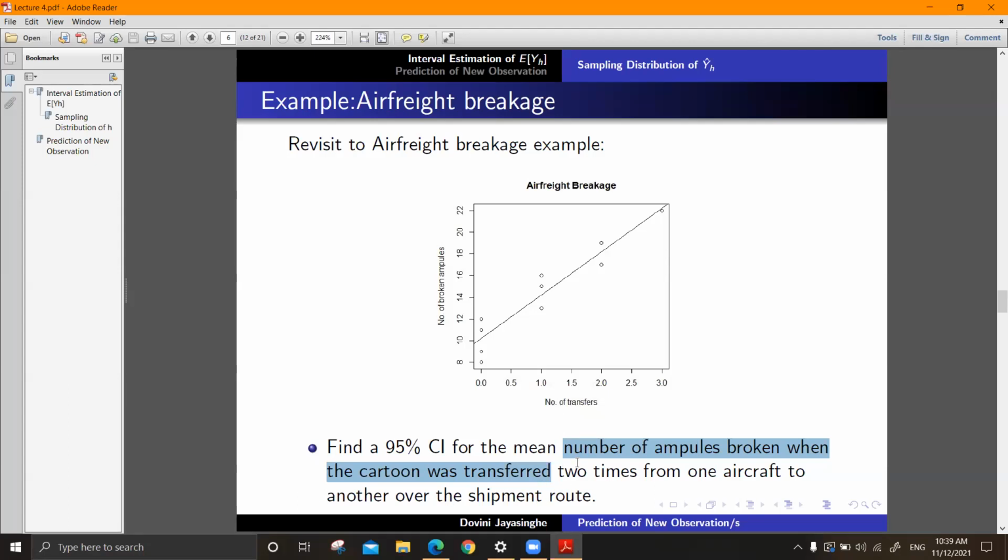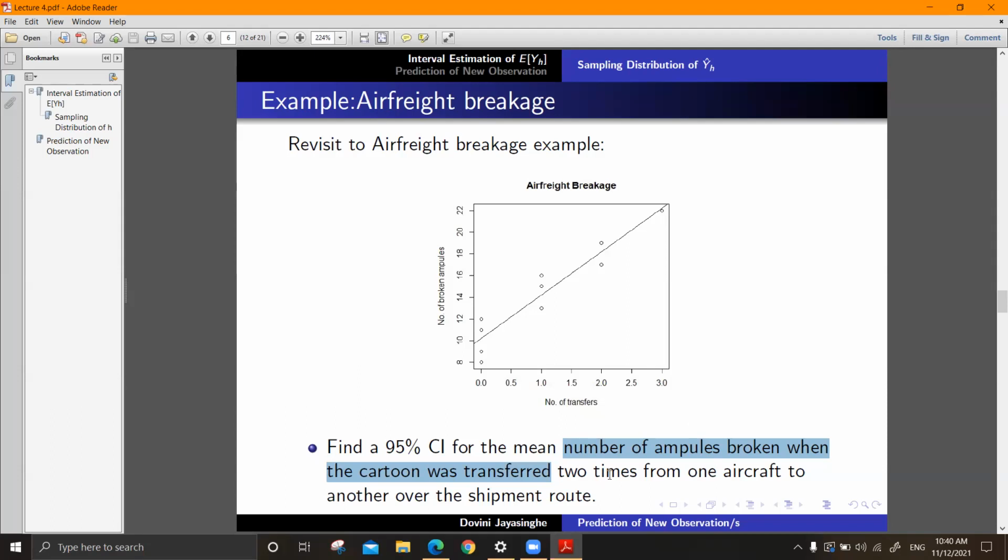So that number is the response. How many times the ampule is transferred is going to be your predictor variable, X.